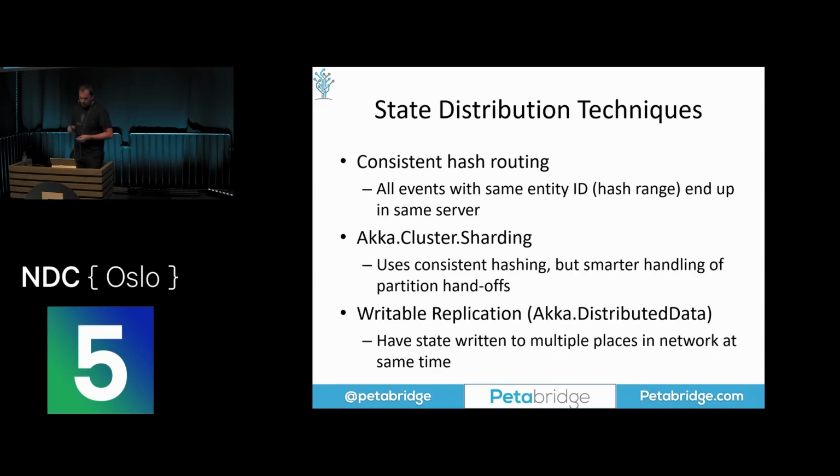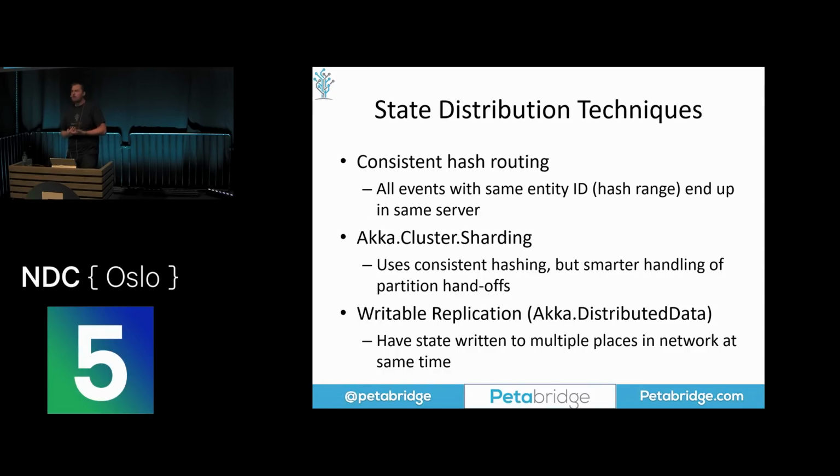Now, we're going through a lot of concepts, so I'm going to put these slides online and be available for questions afterwards. But the next thing I want to introduce is probably one of the most important concepts in not just Akka.NET, but distributed programming in general, which is how can you partition and distribute state in an intelligible fashion inside a network like the types you can build with Akka.NET Cluster.